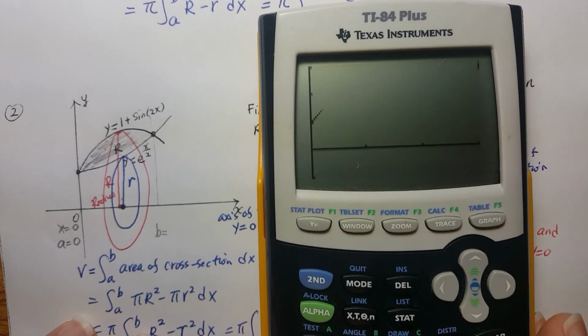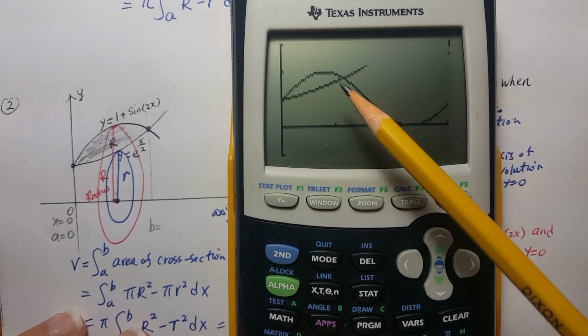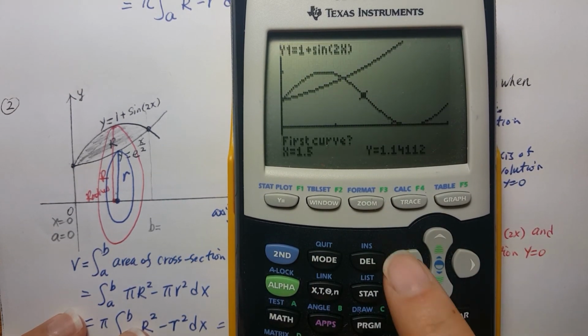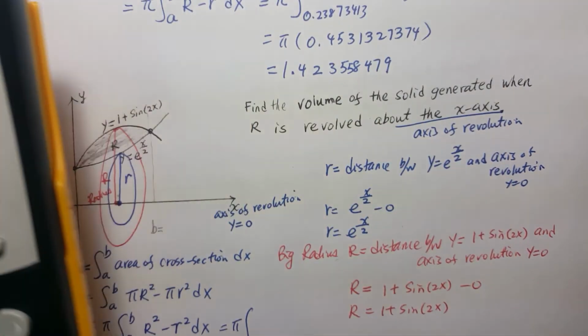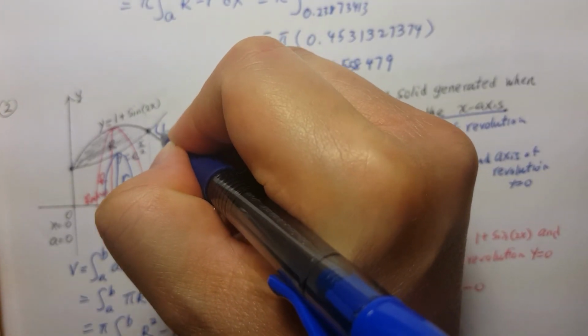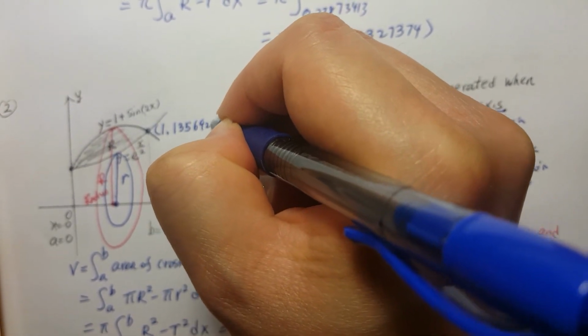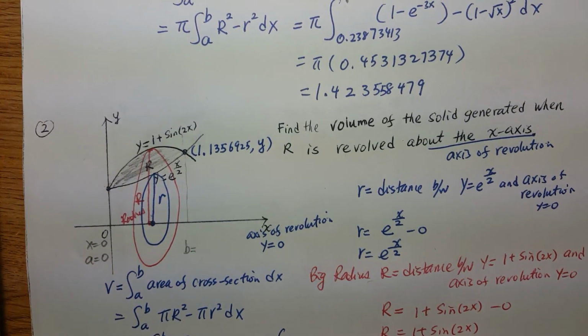Now we're going to graph. So this is going to be the point of intersection that we're going to find. Okay, so now I'm going to copy down the point. So this point is 1.1356925. I'm not going to write down the y value, because I don't need it, I only need the x value.